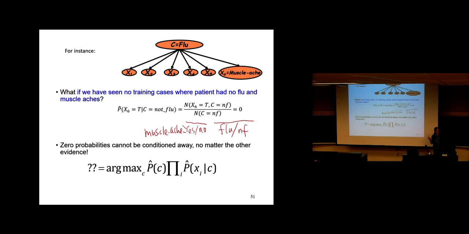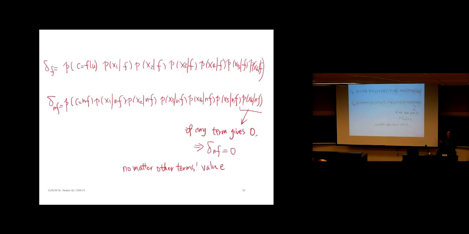Why is this actually extremely bad? The reason is that when you're performing the classification, you have to compute P(C = flu) times P(X1 | flu) until P(X6 | flu), and then also P(C = not flu) until P(X6 | not flu). If any of the numbers there is 0, it doesn't matter what the other numbers are.